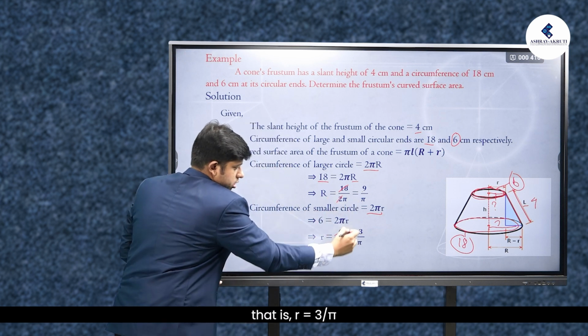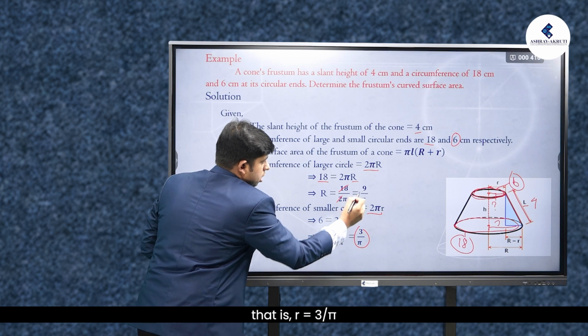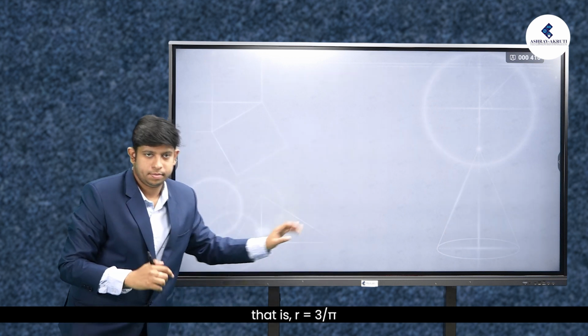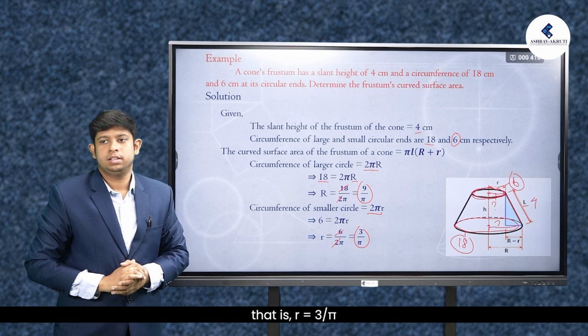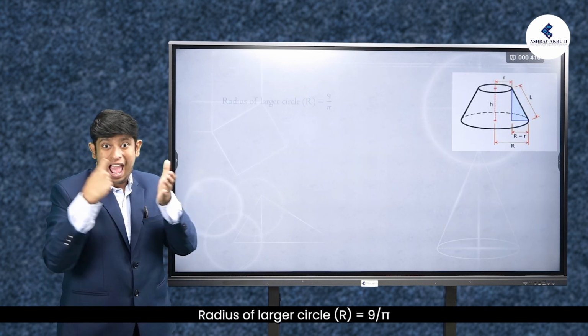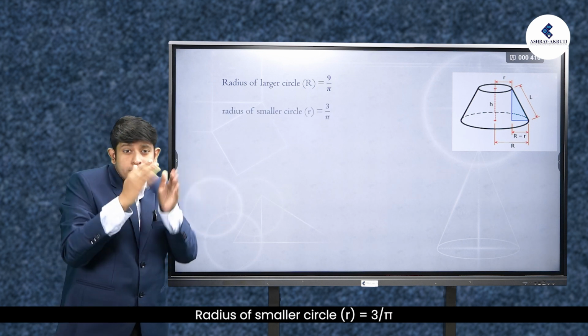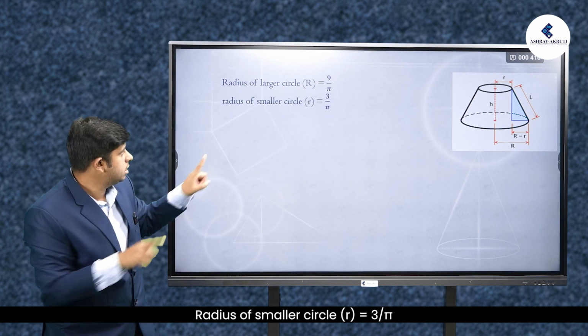That is equal to 3 by pi. Radius of larger circle R is equal to 9 by pi. Radius of smaller circle r equal to 3 by pi.